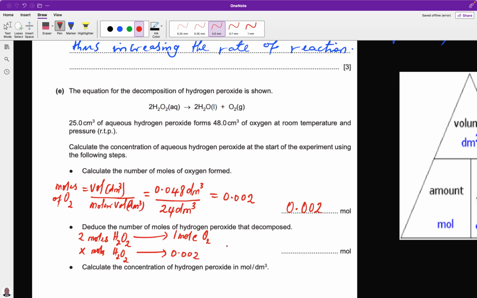So our X moles will be equal to 0.002 times 2, which is 0.004 moles.